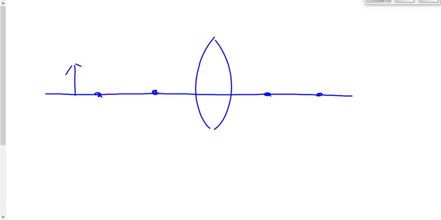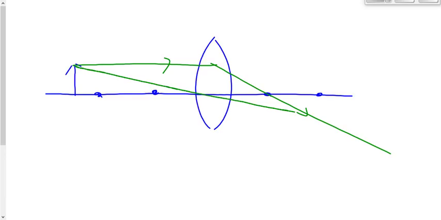The first ray is going to go parallel down to the focal point. The second ray is going to go down through the optical center, like this. Okay, that produces an image right here, which is upside down, smaller, and real, because solid lines intersected. Solid lines intersect, it's a real image.